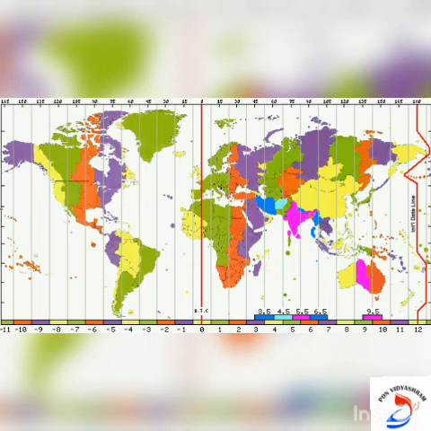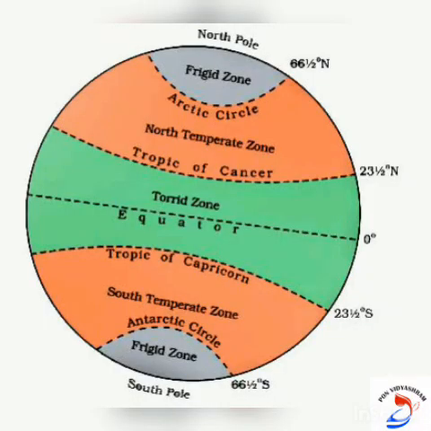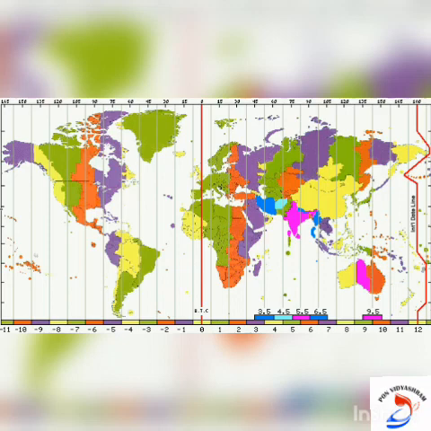As Kolkata is towards the east of London, the time of Kolkata will be 6 hours ahead of London. Now you can get a clear picture of how we calculate time with the help of longitude. With the help of latitude, we calculated the heat zones. With the help of longitude, we calculate time.